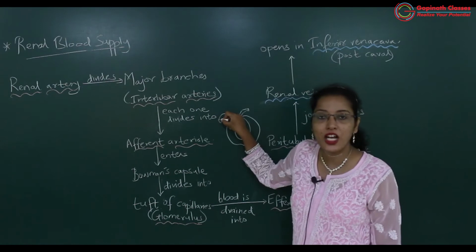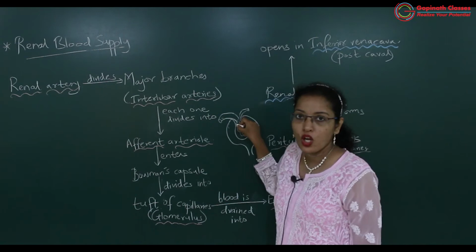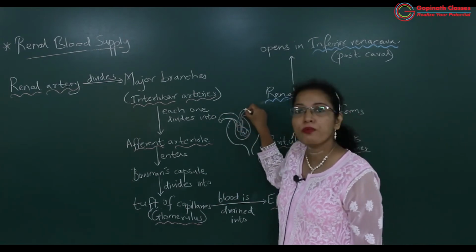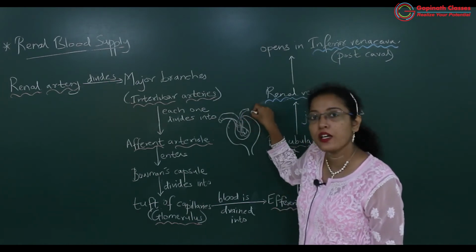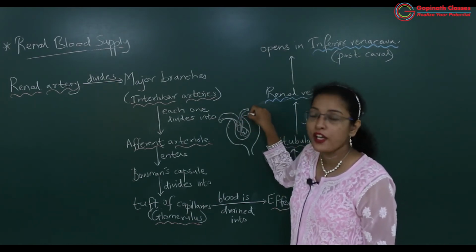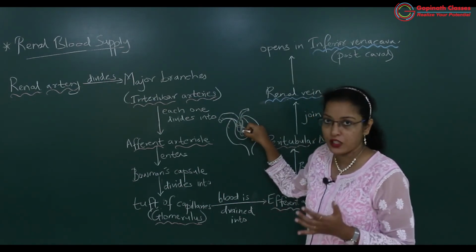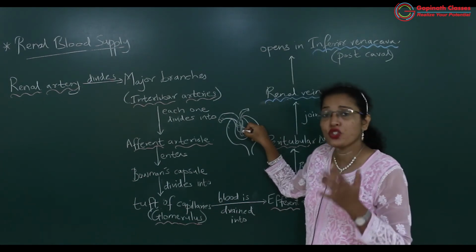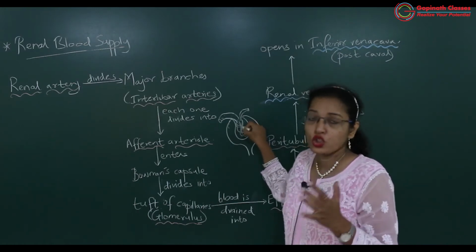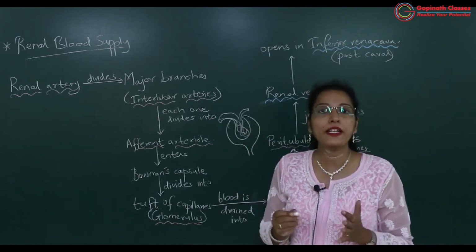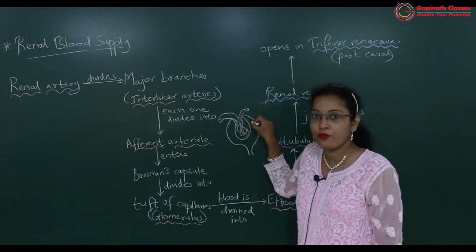Since the afferent arteriole's diameter is larger, the volume of blood flowing in is more, but the volume of blood coming out of the Bowman's capsule through the efferent arteriole is less. So definitely more volume enters the glomerular blood capillaries, and the pressure exerted by the blood over the walls of the capillaries will be more. So glomerular hydrostatic pressure is developed because of the difference between the volume of the afferent and efferent arterioles.